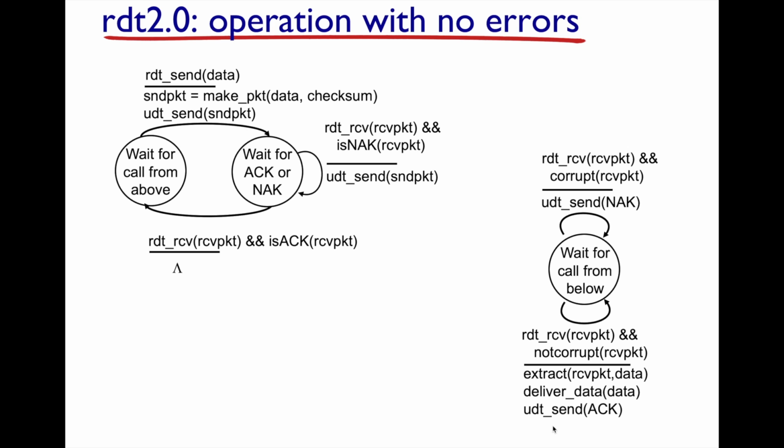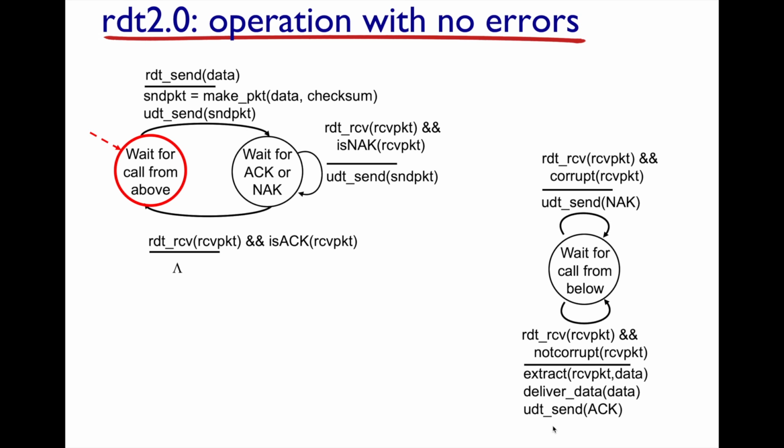So here we have the sender finite state machine on the left, your left, and the receiver finite state machine on the right. We start out with the sender finite state machine in the state called wait for call from above. So it's just sitting there waiting for some application to call send on its socket, and it's going to trigger on the RDT send event.